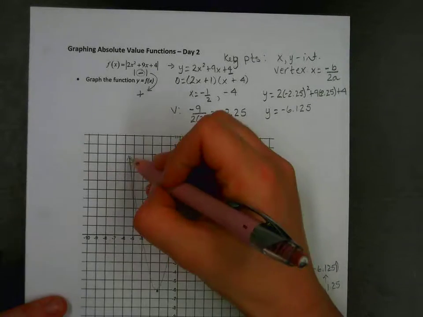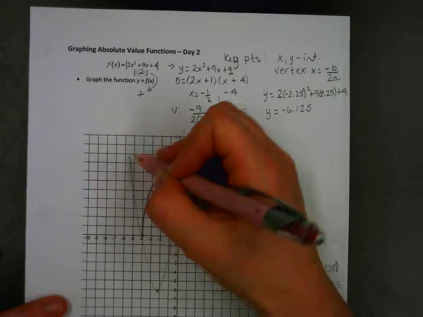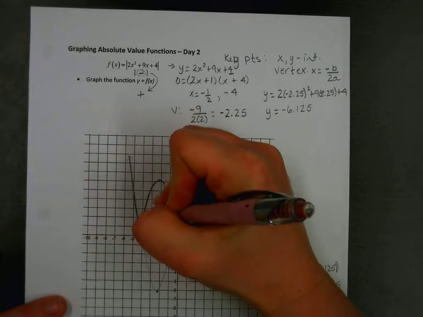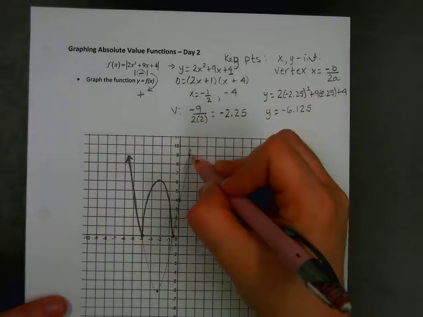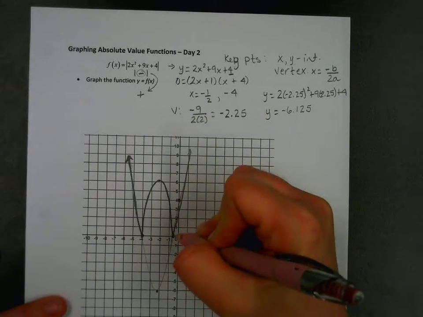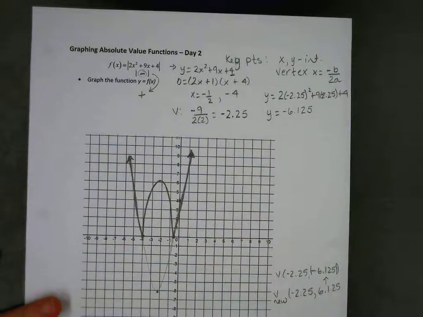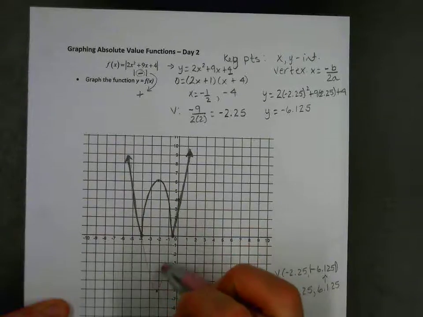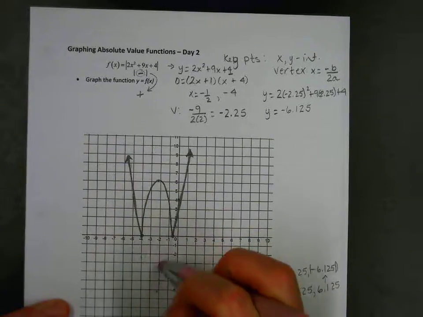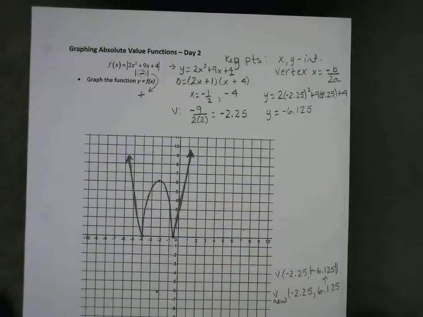My branches of the quadratic function that were originally positive y values are going to stay positive, so I'm also going to darken my branches. And that would be my absolute value. If you really need to, take your eraser and erase the bottom portion of the graph. And that is how you graph an absolute value quadratic.